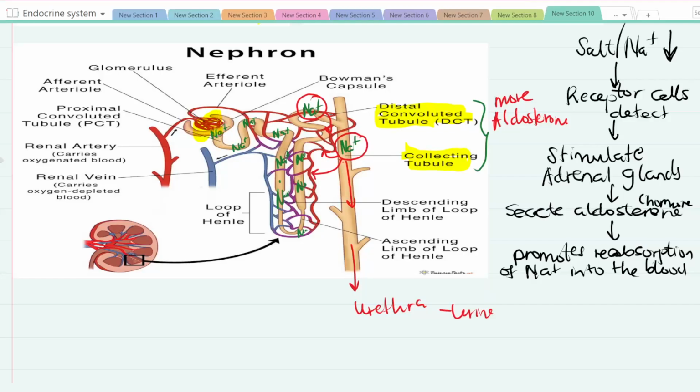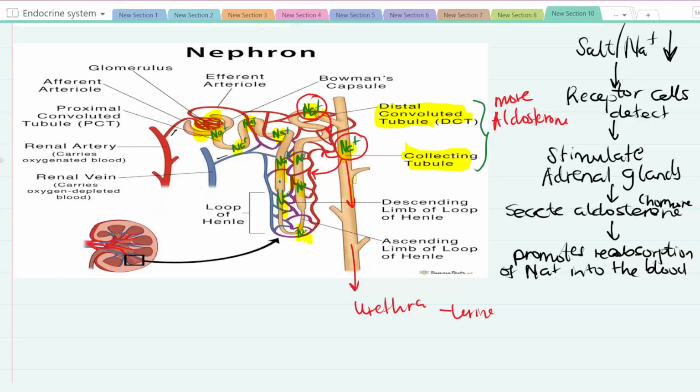So your sodium, as it will be traveling through the nephron, as it arrives at the distal tubule, instead of now having to pass down with the urine, oh, by the way, we are talking about an increase in the salt or in the sodium ions.